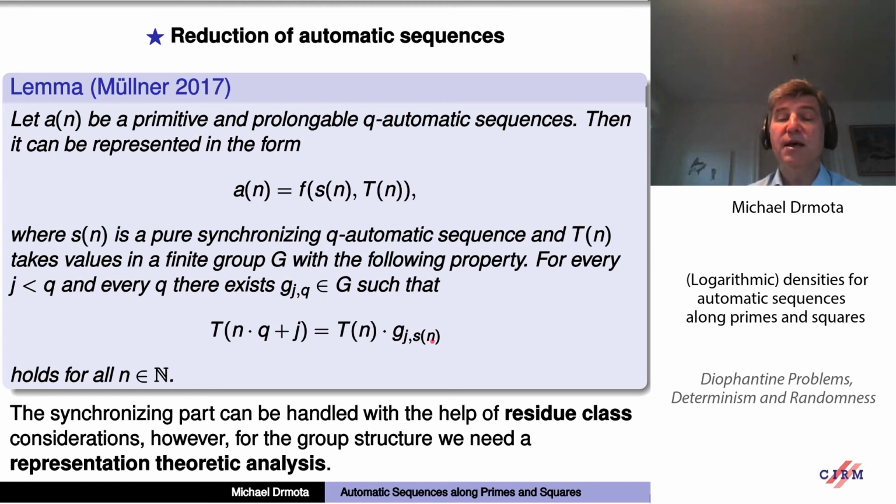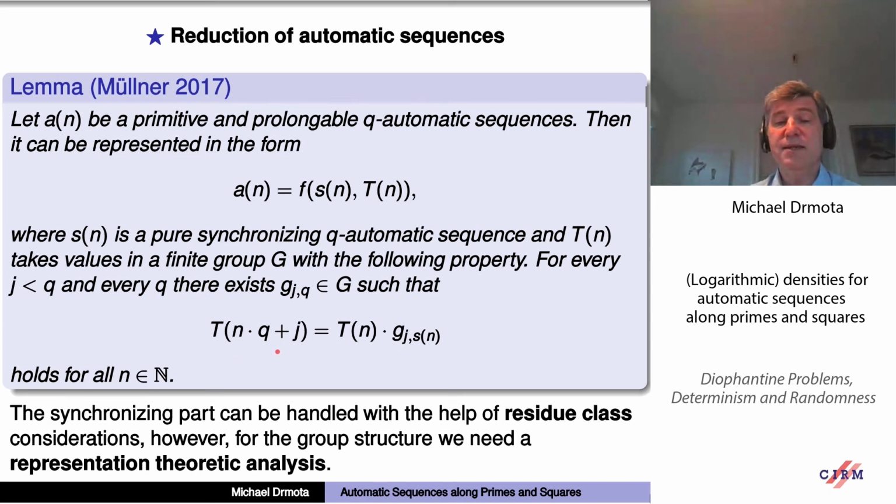So let's put this dependence on S of n away for a moment and just consider that. Then this is precisely the same property that we had before for this representation with these matrices. And in this example before, these matrices were actually invertible matrices. They have been permutation matrices.